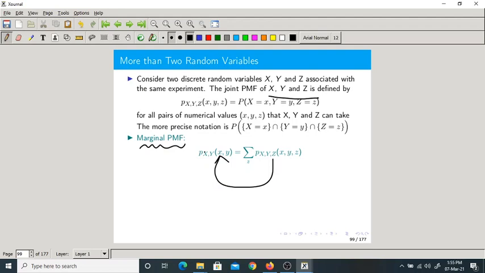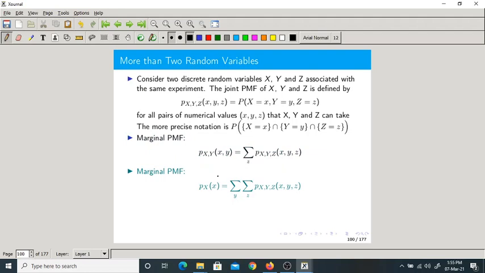We are doing summation over z. I told you also, if you take summation over any variable, that variable will vanish. Since we are taking summation over z, z will vanish. Then we are left with x, y.